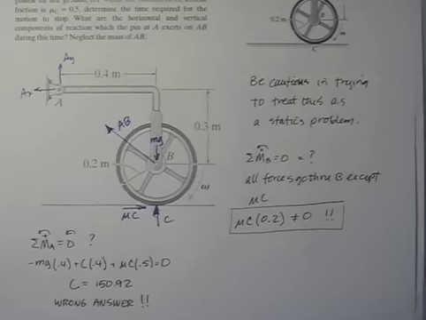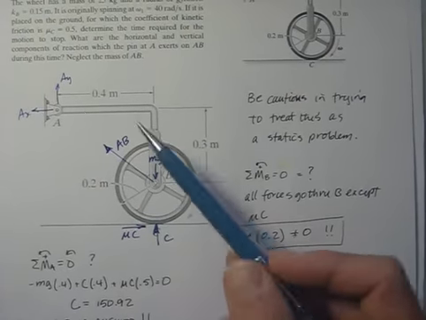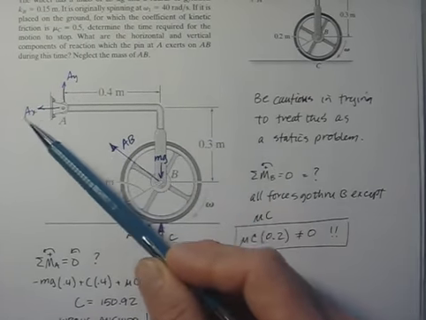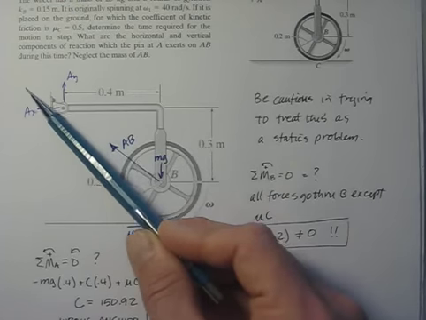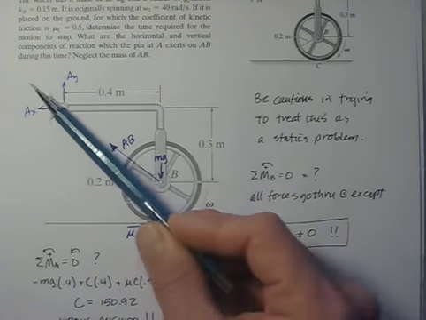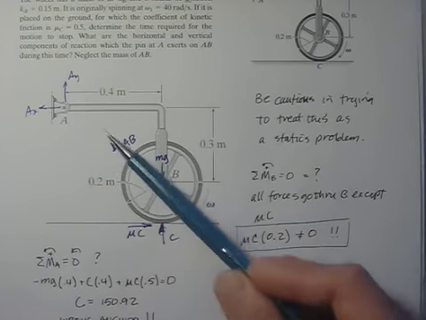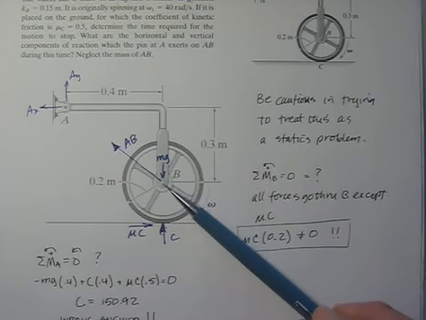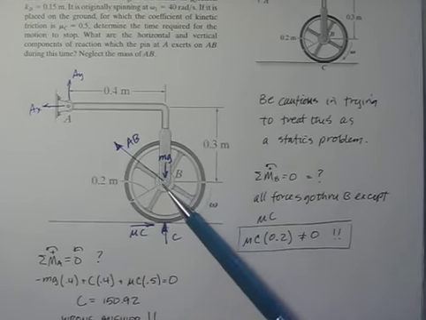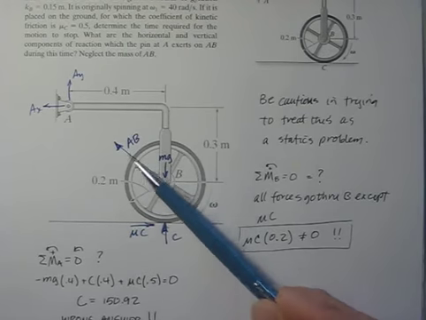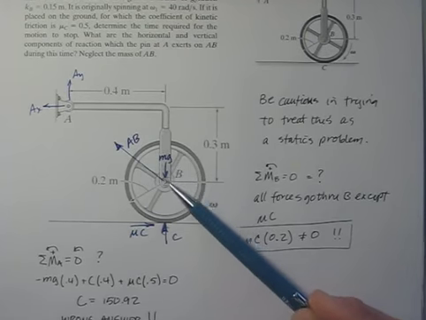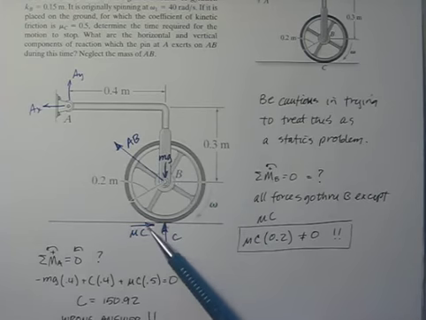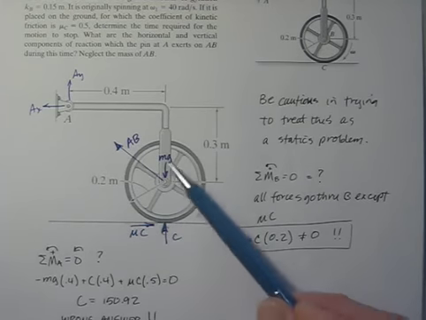Another way to think about it is that if you were to have drawn this again, recognizing this as a two-force member and plugging in the projection of these two forces and saying that AB goes through there, if you sum moments about B, then you've got AB going through B, mg and c, and again, mu c would be going in this direction.